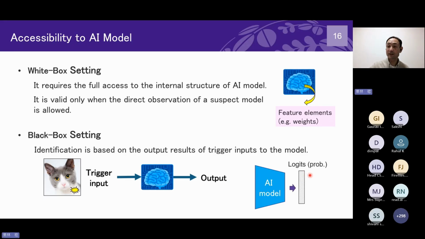This is the logit. The sequence of the probabilities shows a certain irregularity. Then it shows a certain backdoor. So the AI model reacts to a trigger input image, and the owner can claim this model is watermarked.